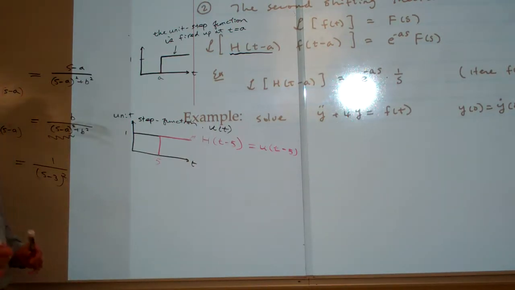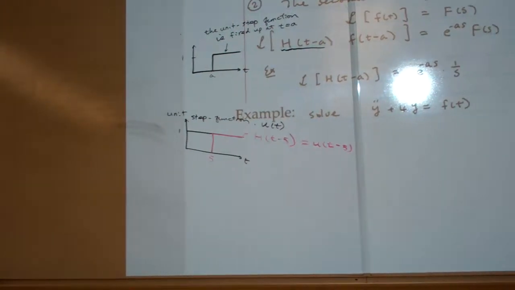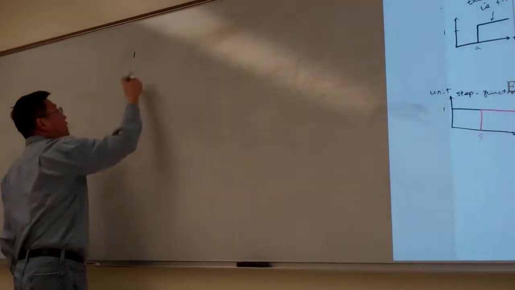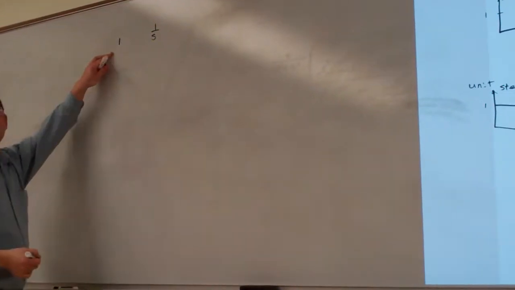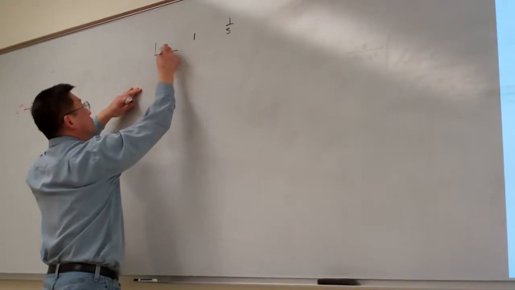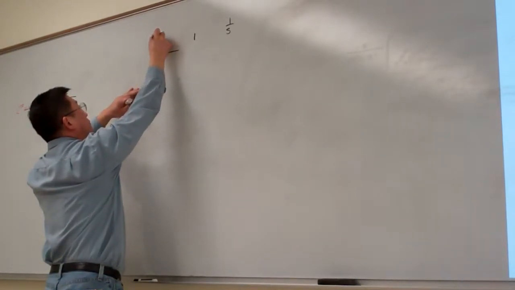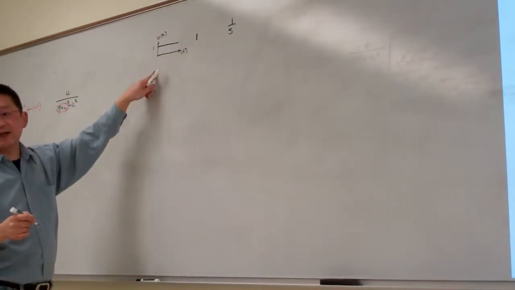Okay. Now, with this notation defined, we can look at the Laplace transform and inverse Laplace transform. For a constant 1, the Laplace transform is 1 over s. So basically this is the step function, and the function is like this.